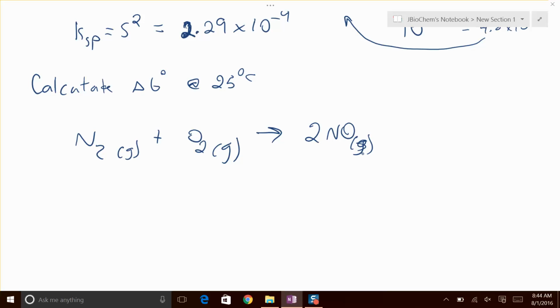So that was chapter 15 that we were doing earlier. Now we're on chapter 16, thermodynamics. Okay, well, I haven't finished. Okay, so the delta G naught of formation of NO equals 90.4. I'm sorry, is the product gas or solid? It's a gas.